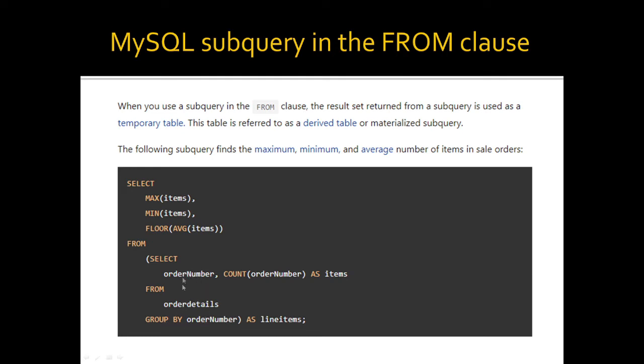We're trying to summarize how many items there are per order number as line items, and the result of this will be used by the outer query.